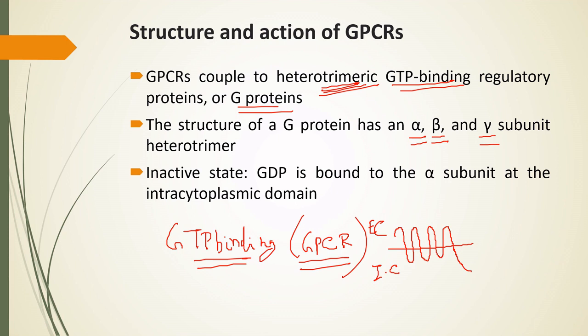So when this receptor is in the inactive state, then you have 3 subunits, as I have already told you, the alpha, the beta and the gamma. To the alpha subunit, GDP is bound. So this is what is happening in the inactive state.